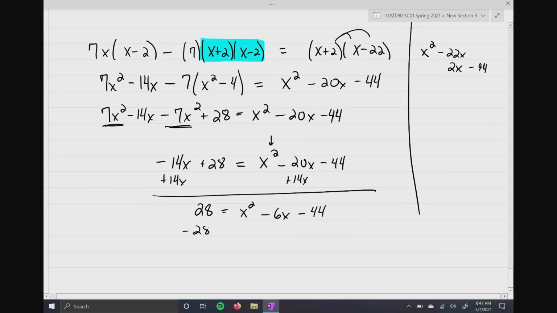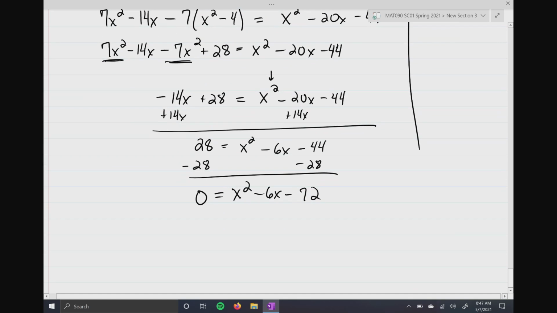Last, I'll subtract 28 from both sides to give me 0 equals x squared minus 6x, and that's going to be minus 72.